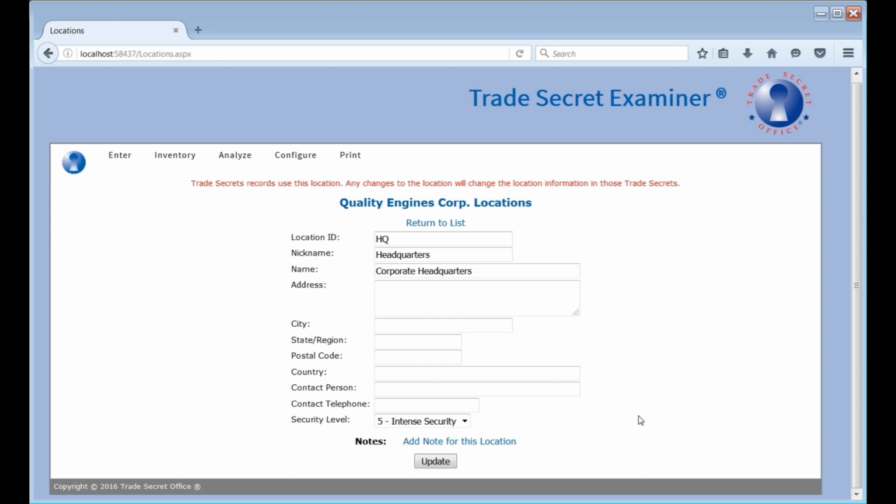And so it will be considered a change to all of those trade secrets. But what that means is that come litigation time, and we go back looking through the history of these trade secrets, we'll be able to tell what the data was contemporaneously with the time of interest, and we'll be able to reproduce that data and print out the report from that time, which has been saved, rather than the new report, which reflects changes since the incident that we're litigating over. Very, very important.